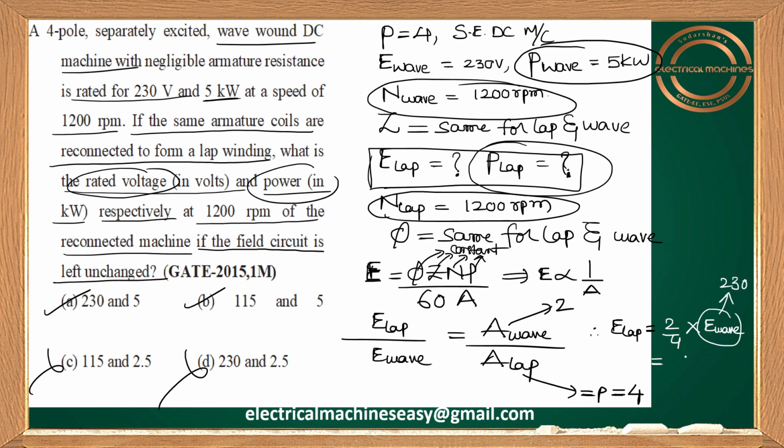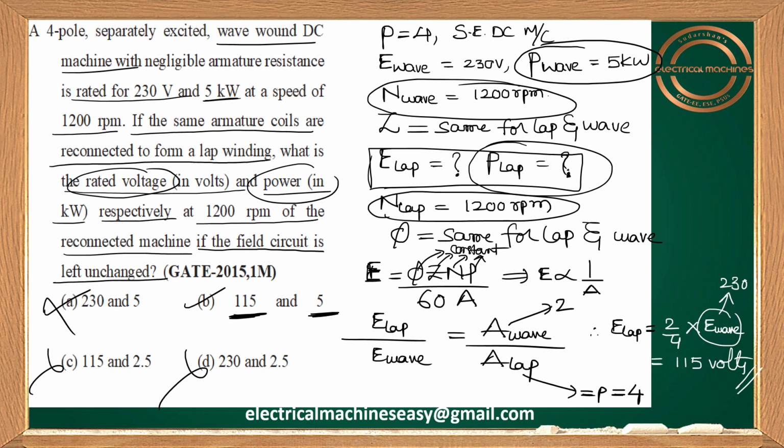So 230 by 2 means 115 volts is the answer. So 115 volts and 5 kilowatts. Option B is the answer. Option A is also wrong here. So voltage becomes 115 and power becomes 5 kilowatts. Option B is the right answer.